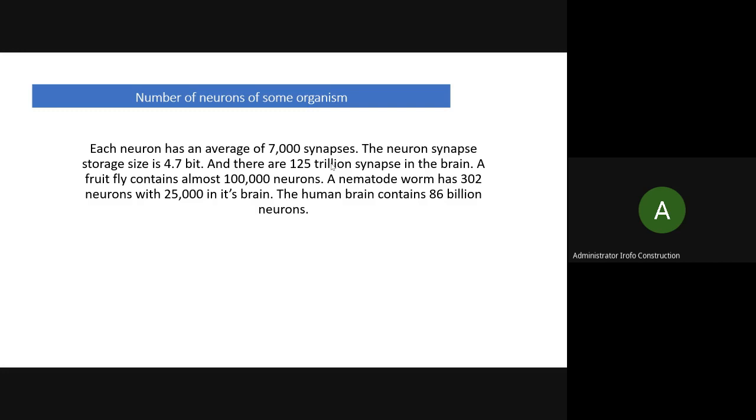Just one is 4.7 bits, and each neuron has almost 7,000 synapses. And the human brain contains 86 billion neurons. So if it has almost 86 billion neurons, you can just imagine the number of synapses in it, and each one is like 4.7 bits. We are getting a lot of storage space in our brain.